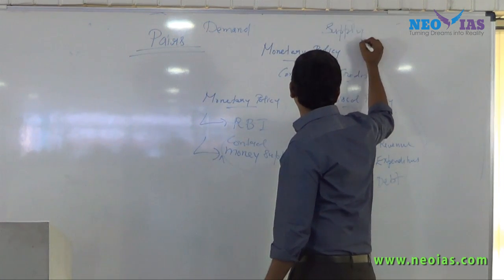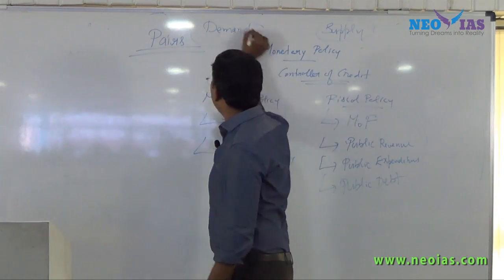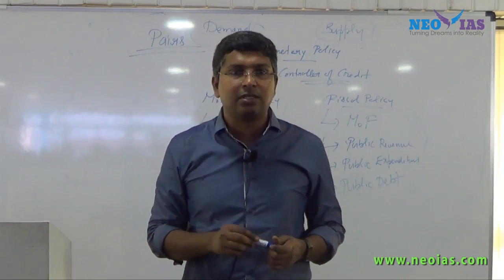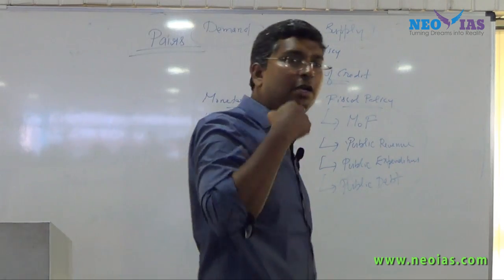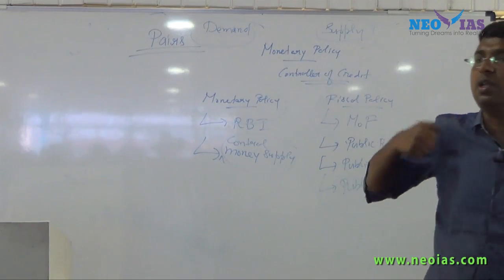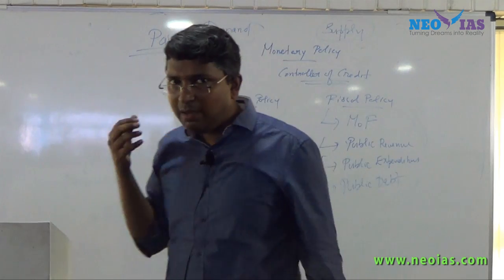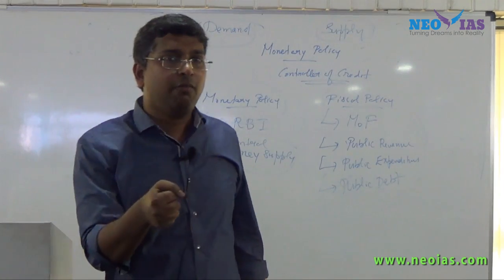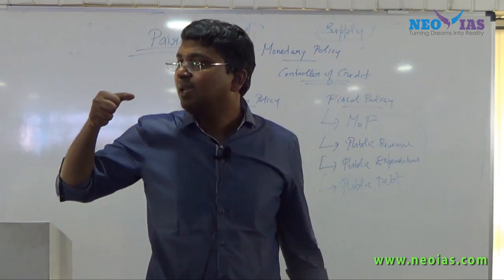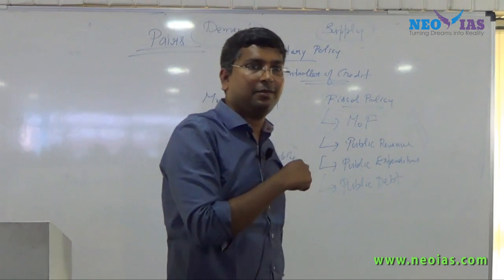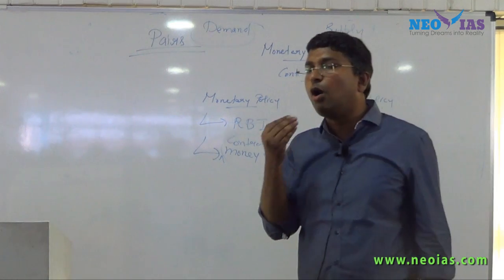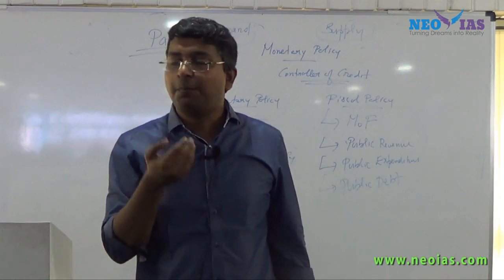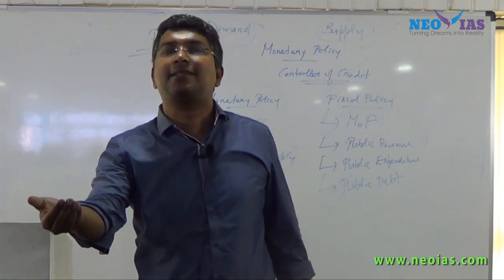Now what does RBI do? By controlling money supply, RBI is controlling the demand. Now my question is, what if the problem is not due to demand, but due to supply constraints?